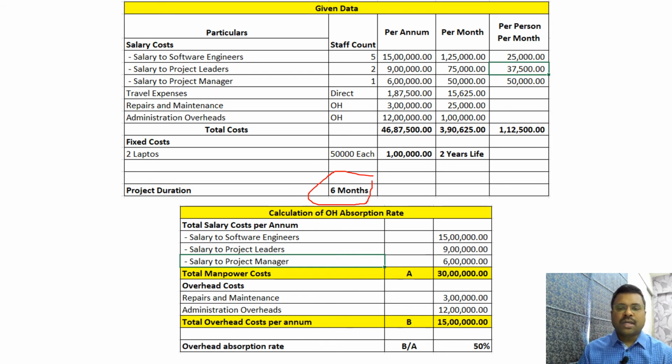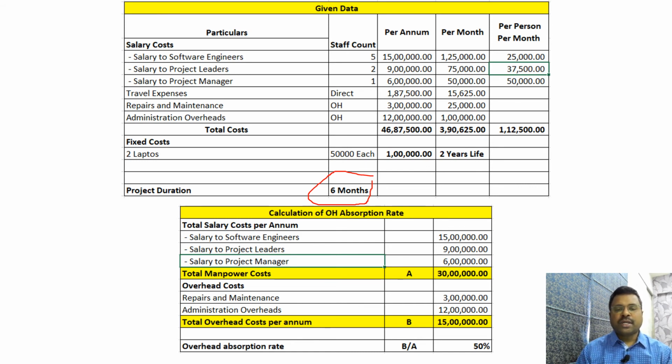Now let me calculate what is the overhead absorption rate. In case of overhead absorption rate, we have mentioned very clearly that the overhead absorption has to be calculated based upon the direct manpower cost. So total manpower cost is 30 lakhs and overhead cost is 15 lakhs. So overhead absorption rate is 50%.